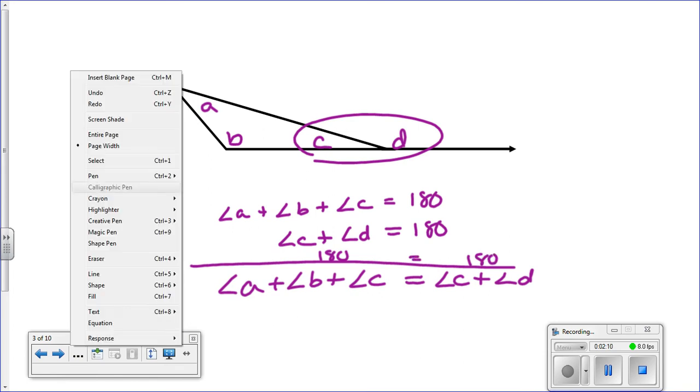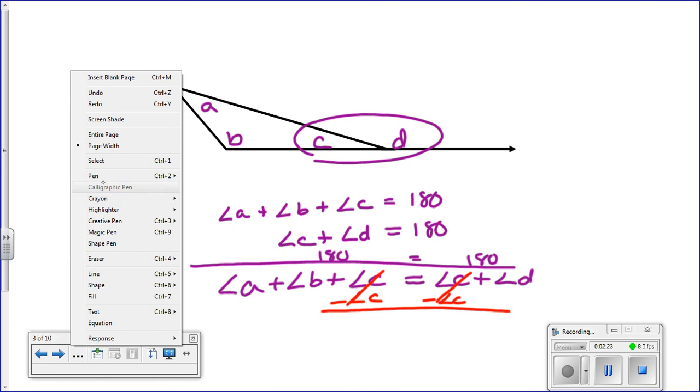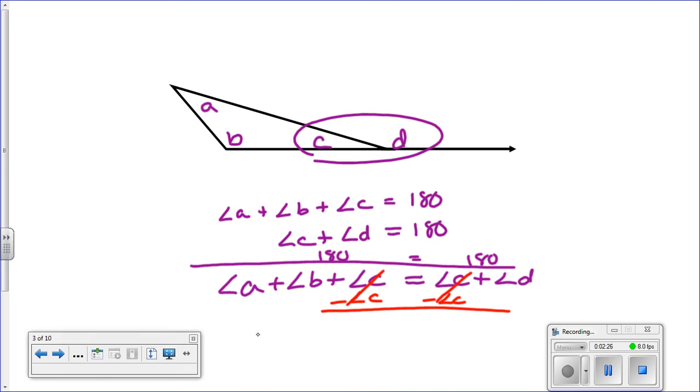Now, given that, I can use a little algebra here. I have C on both sides. I'm going to subtract it from both sides. Those cancel, and what I have left is my theorem that angle A plus angle B is equal to angle D. So A plus B equals D.